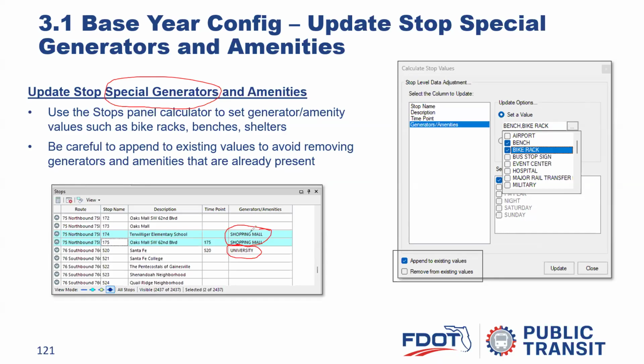Basically, it's what's called a dummy variable in the model to escalate ridership at that stop because it has that characteristic. So that's really what a special generator is.